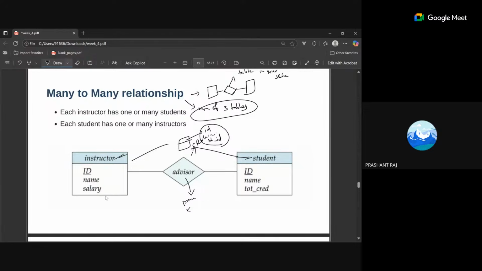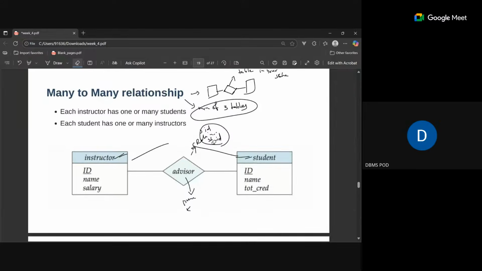It ensures both the tables are linked with an intermediate table so that it establishes a relationship. I couldn't give any example from the database we have seen.